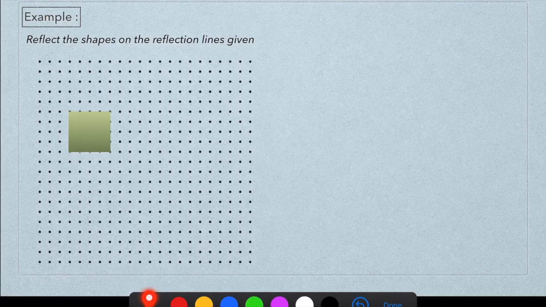This is our reflection line now. I will give you 1 minute to think about the reflection of this square on the other side. Let me see if you can handle the situation with your basic understanding of reflection without my help.